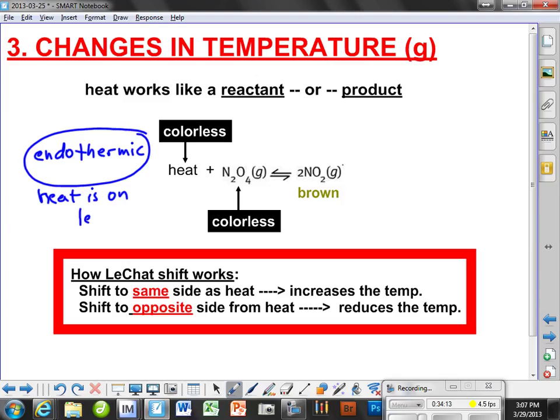Exothermic is right? Yes, very good conclusion. Exothermic means that the heat will be on the right-hand side. And that's important for us to decide which way LeChat's going to move when we do our stress. Okay, so let's go to the animation and see how that works.